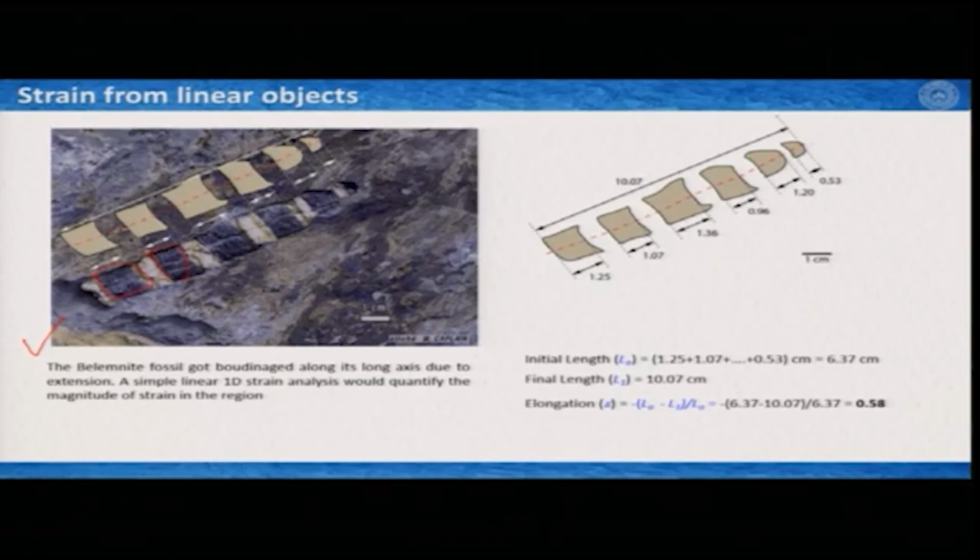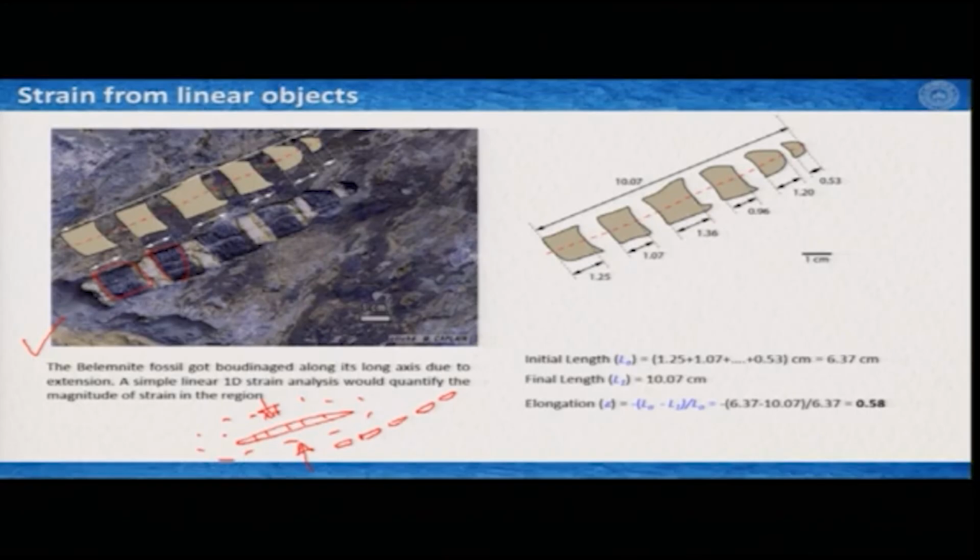So how did it happen? You had a belemnite fossil like this, which is embedded in a rock, and now if you compress this rock this way, then this belemnite fossil initially got fractured this way, and with time it makes some pieces, and this feature in geological context is known as budinaging.